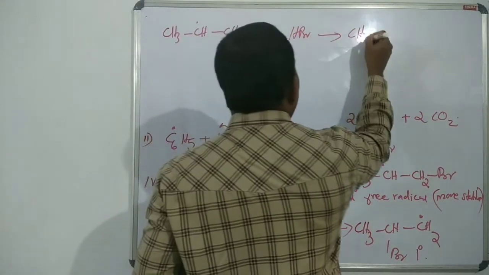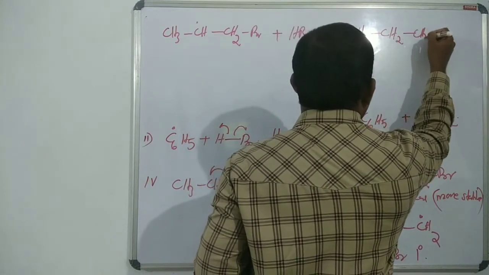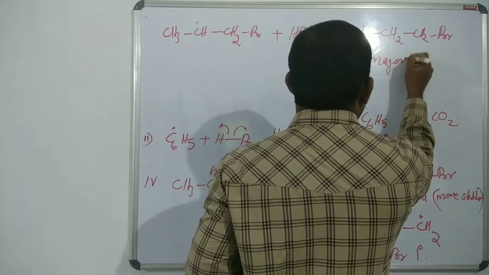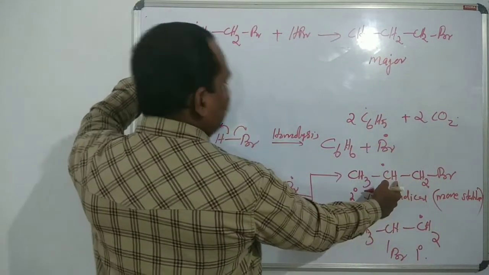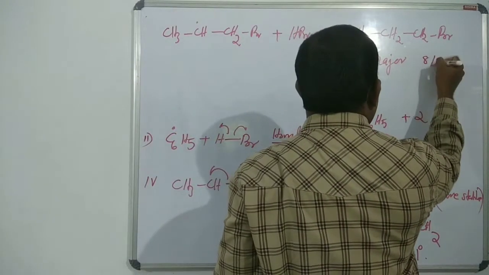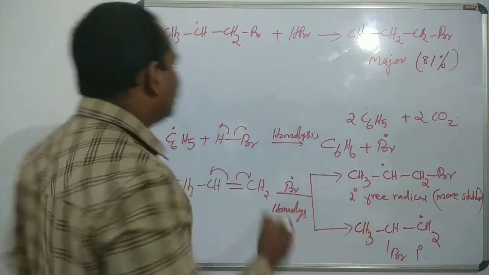What do we get? CH3, CH2, CH2Br. Major product. First we take this free radical and add HBr, major product, 81%. Because this free radical is more stable.